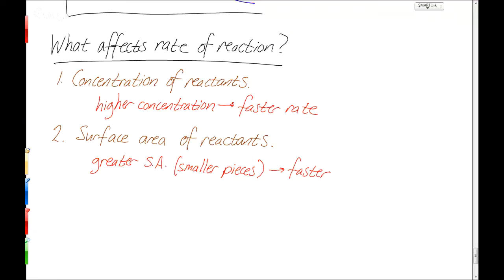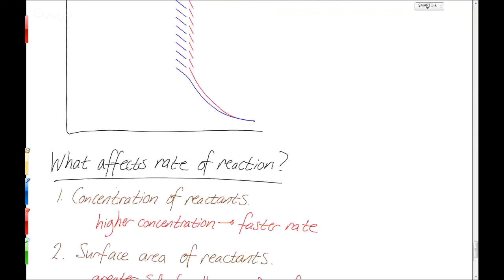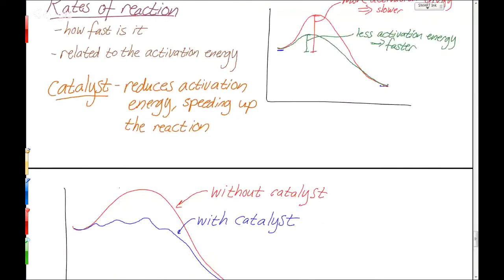And then the last one that we already talked about is the presence of a catalyst. So if there is a catalyst, that can increase the rate as well. We should also note that a catalyst is generally not consumed in the reaction. I guess we'll put that back up here when we defined catalyst.